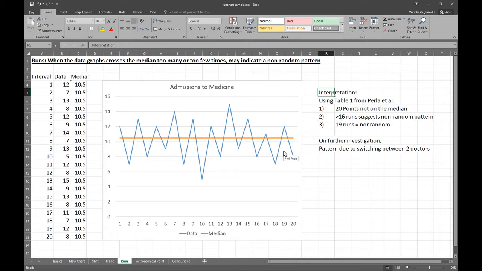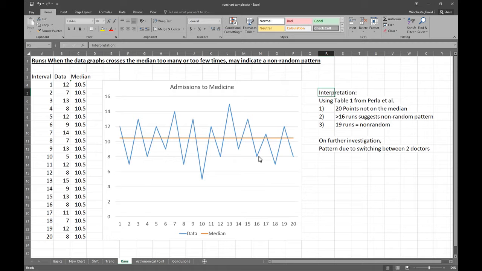So if you go back and you find out that these admissions to medicine are due to the admitting officer of the day program that we started, but that there are two doctors that are doing that program, and let's say that those two doctors alternate on every other day. And so one doctor tends to admit a few more people, and one doctor tends to admit a few less people.